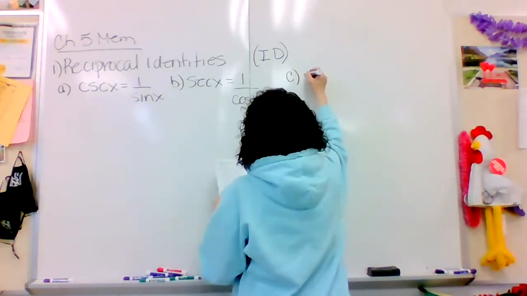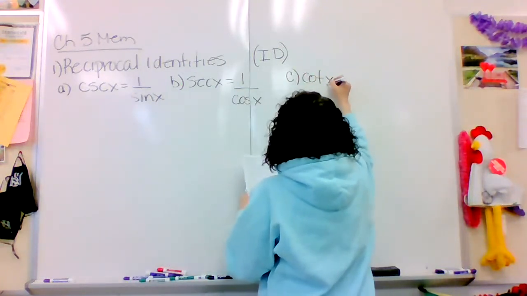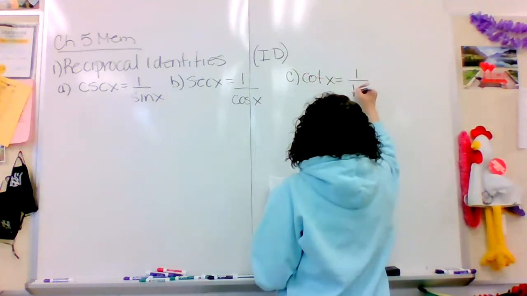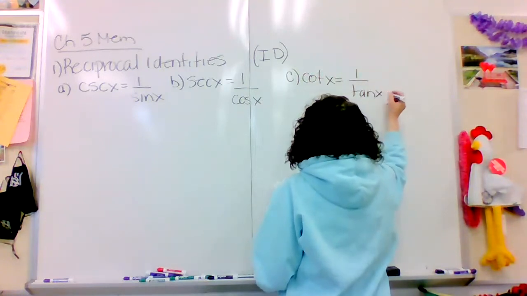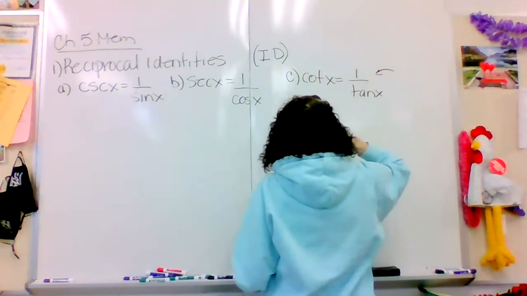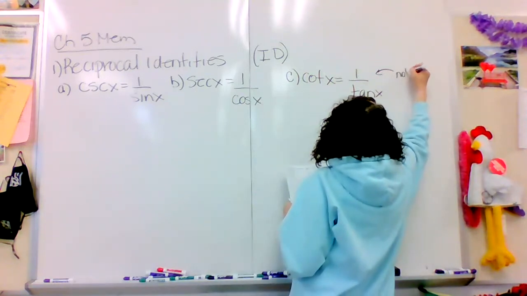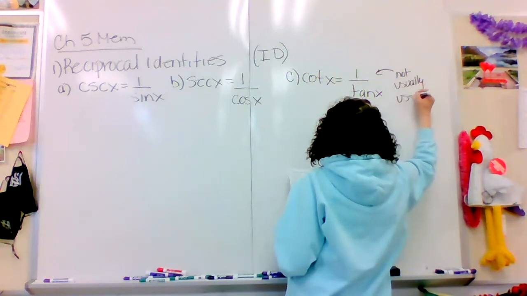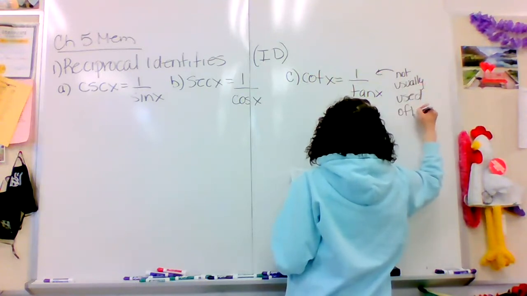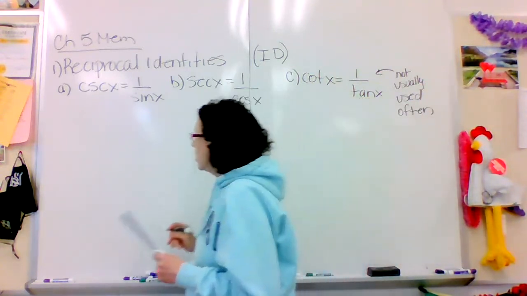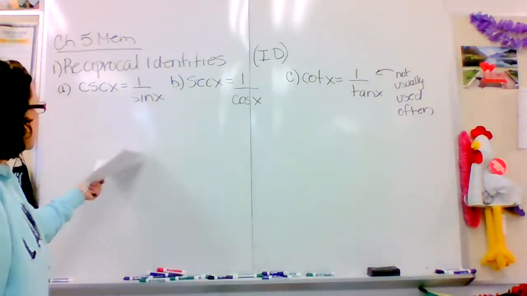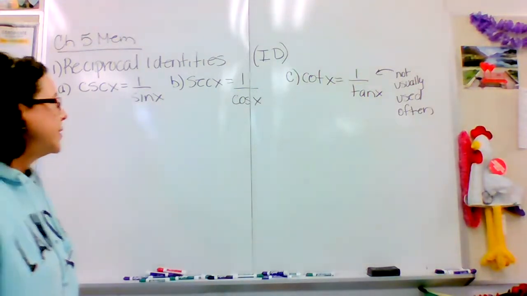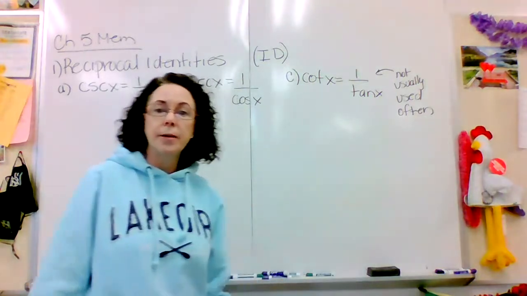And cotangent of x is equal to 1 over tangent x. Just want you to know that cosecant is 1 over sine of x, secant is 1 over cosine of x. Cotangent is obviously the reciprocal.